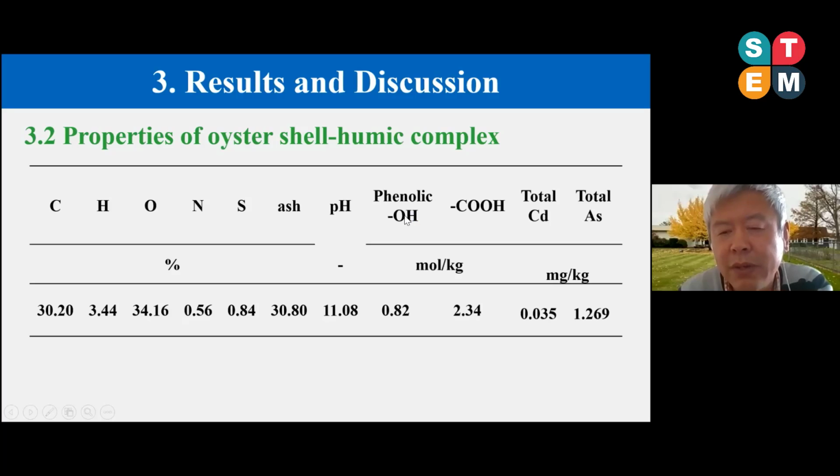Particularly we determined the phenolic hydroxyl group and the carboxyl group, and the values are really, really large. These functional groups are useful in combining arsenic and cadmium to form stable complexes. So this is behind the adsorption capacity. And of course, this material itself is low in toxic cadmium and arsenic content, so it meets the requirement to be used as a soil amendment.